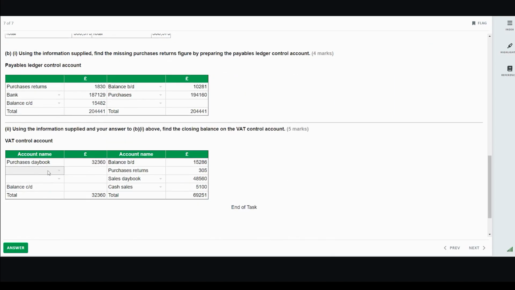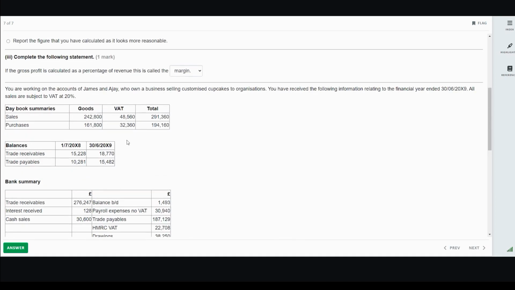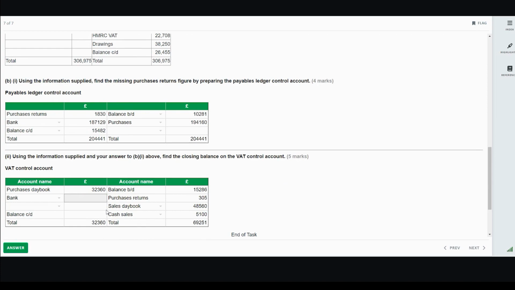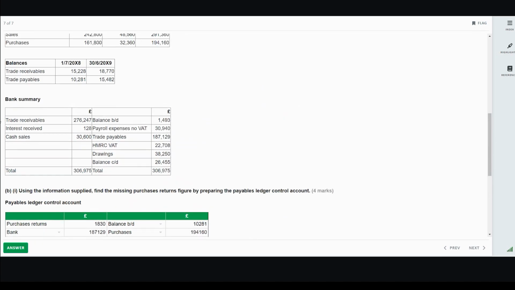So we need to put in bank, which is 22708. Let's see if we've got anything else. Interest received: there'll be no VAT on interest received.